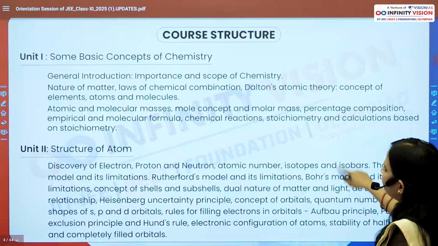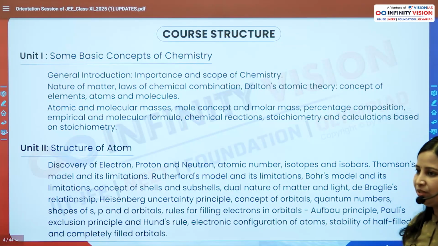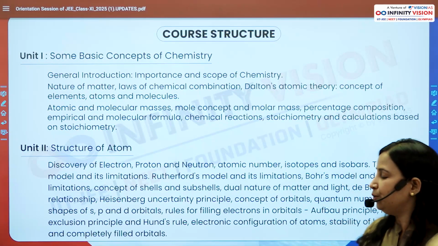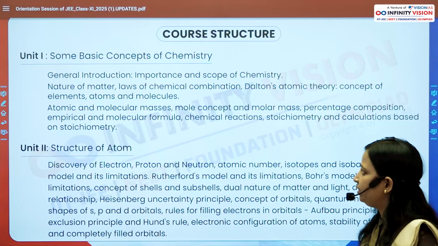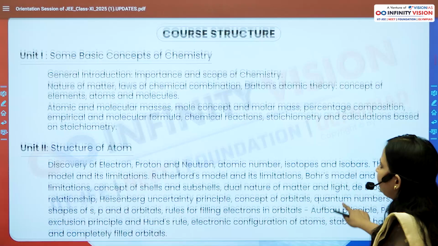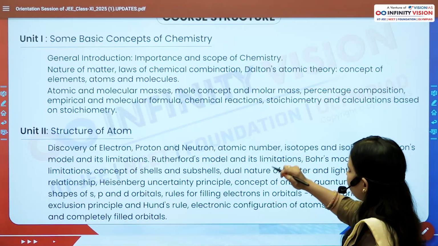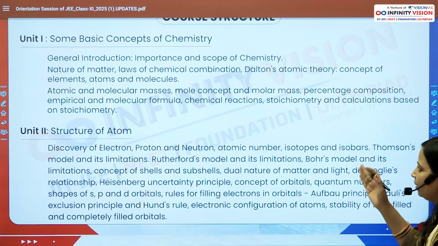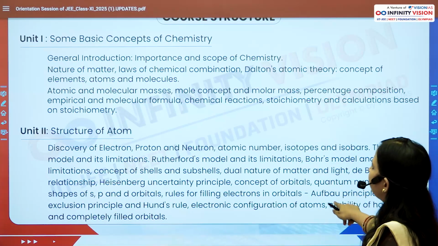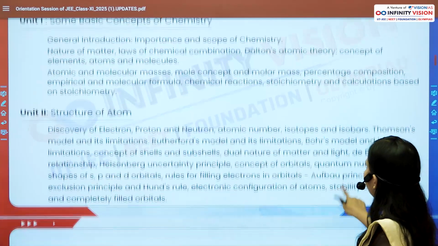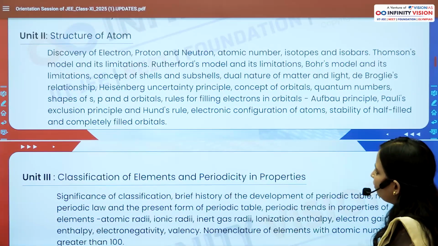Now let's move further. This is the course structure, that is, which chapter includes how many topics, which topics you have to go through. CBSE has provided the complete syllabus for the class 11th exam. In some basic concepts of chemistry, we mainly study the nature of matter, laws of chemical combination, atomic and molecular masses, the mole concept, limiting reagent and chemical reactions and their stoichiometry. The next chapter is structure of atom.